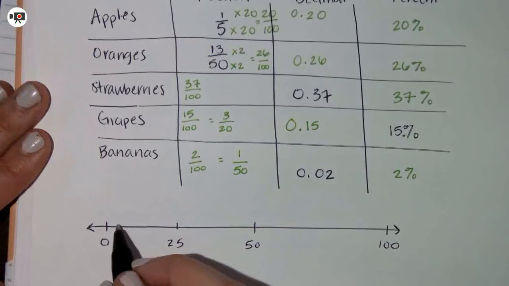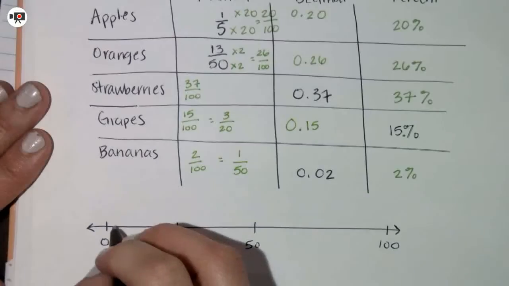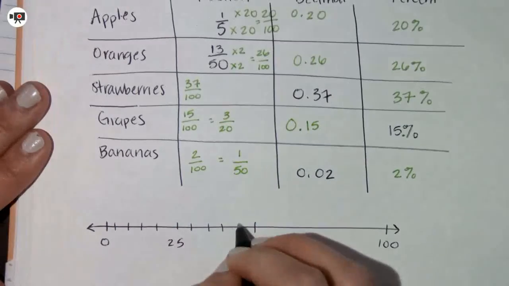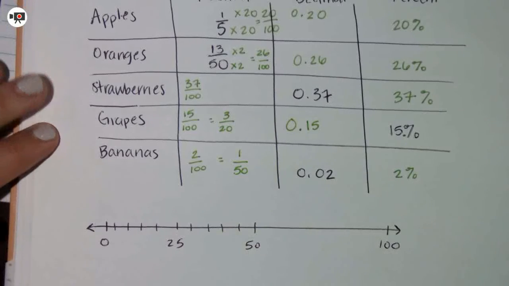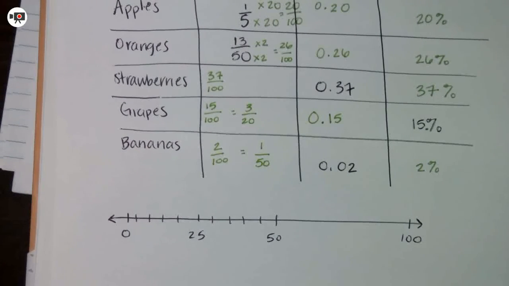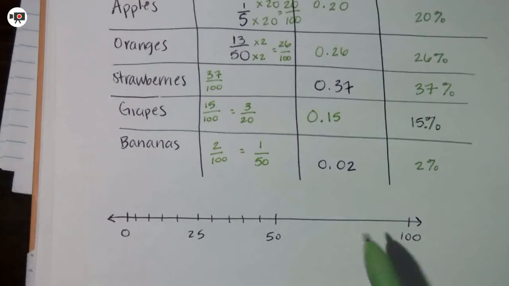And then I have numbers in between. Those would be going by 5s. Now the easiest part, since this is out of 100, I know percents mean out of 100. I'm going to take the percent and put it on the number line.